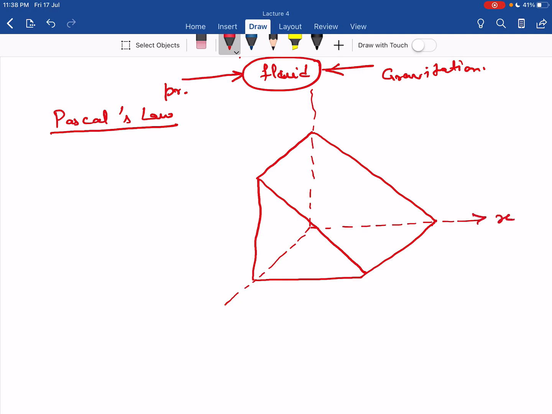This is direction X, this is direction Y, and this is direction Z. Now say this wedge-shaped element has dimension dx along the x-axis. Similarly, this dimension is also dx, dy along the y-axis.